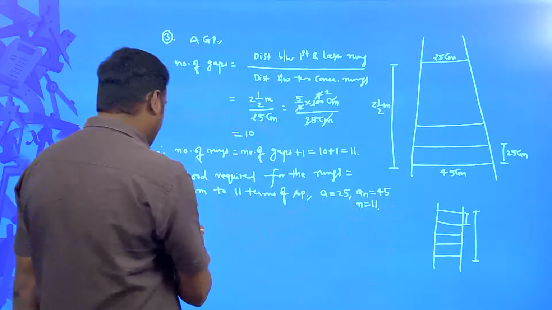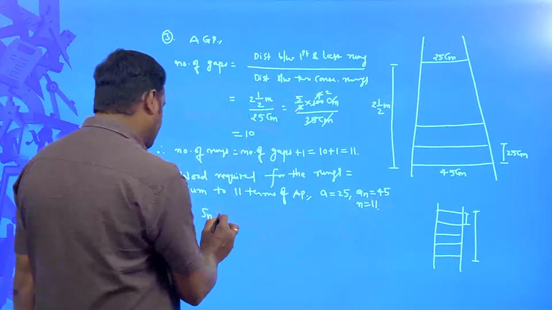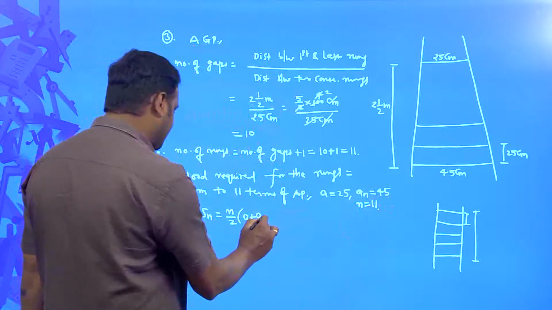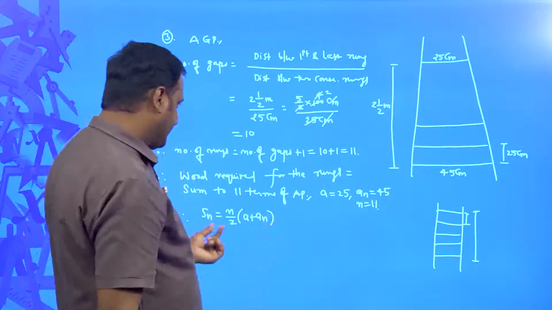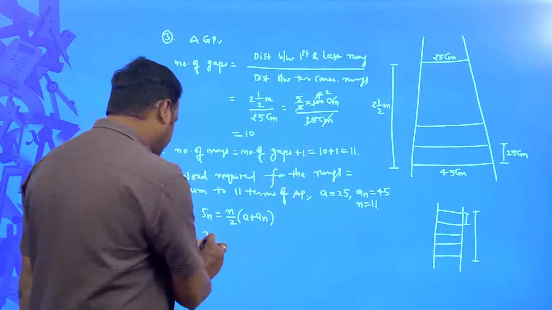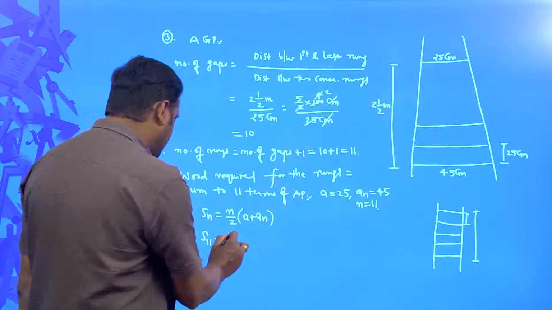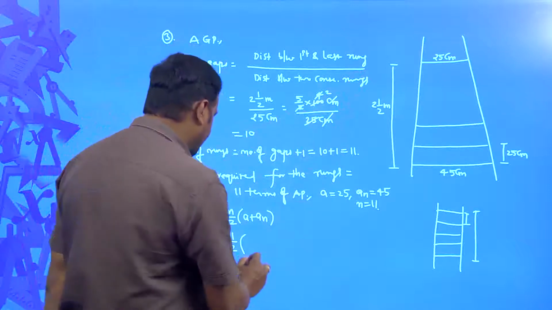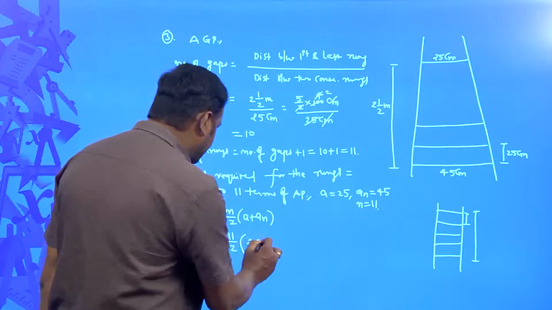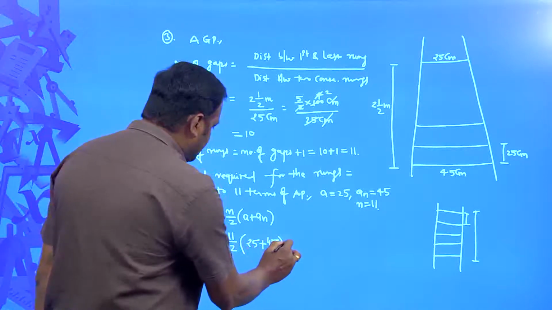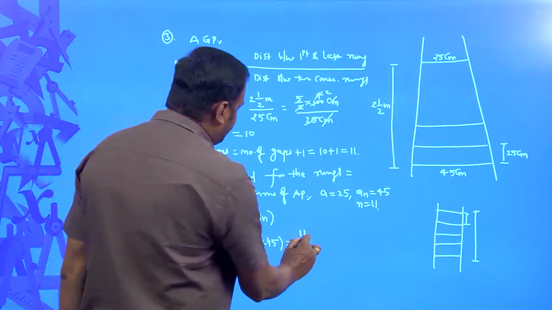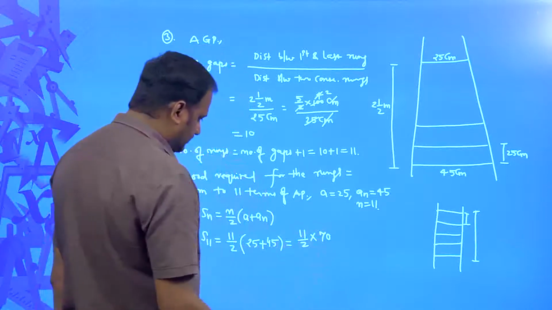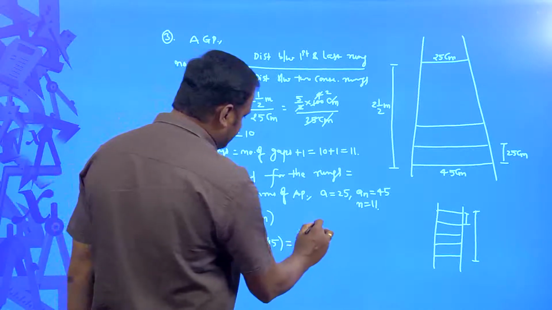We can use the formula Sn is equal to n by 2 into A plus An, where n is equal to 11. So, therefore, S11 is equal to 11 divided by 2 times A plus An, A is equal to 25 and An is equal to 45, which is equal to 11 divided by 2 into 25 plus 45 is equal to 70. So, this is 2 ones are 2, 2 35s are 70.